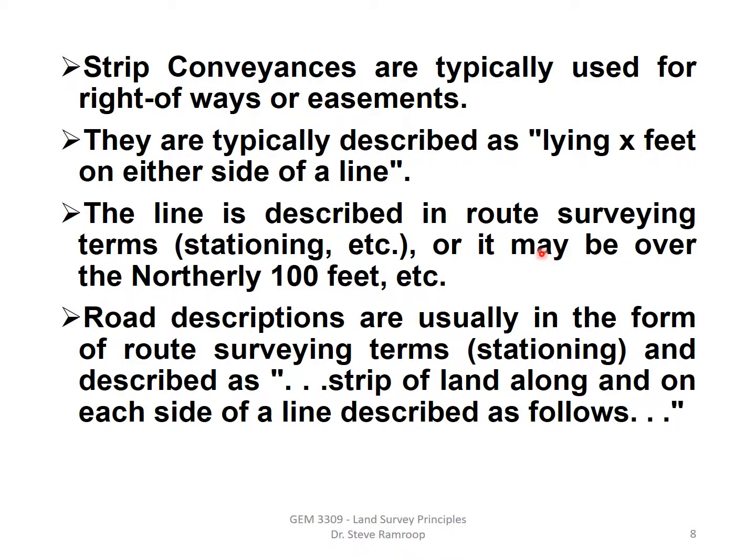For example, in strip conveyances you're going to have the word stationing, which is a common word used in route surveying, or it may be over the northerly 100 feet, etc. Road descriptions are usually in the form of route surveying terms and described as, for example, a strip of land along and on each side of the line described as follows. The following slide will give you an example.